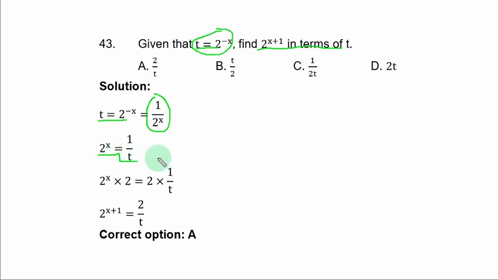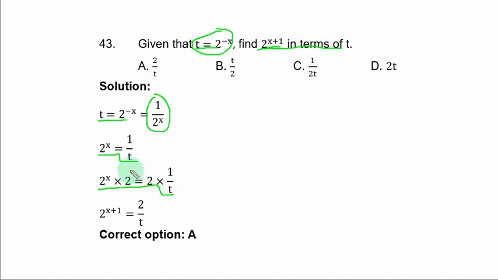1 over T. Alright? For us to get this term here, you know that if you multiply 2 power S times 2 power 1, the same base, if you add the powers, you have 2 power S plus 1. For that, you multiply both sides by 2.